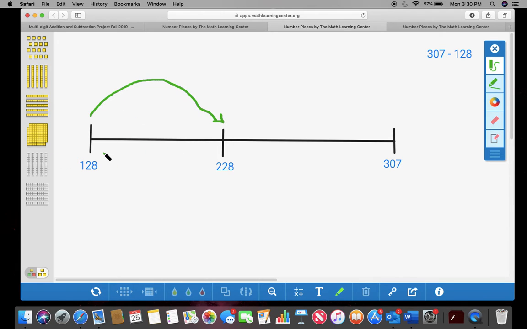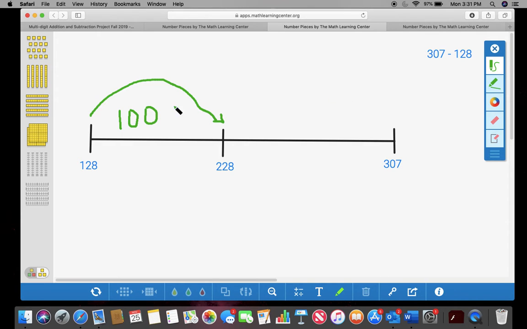They know that would be a jump of 100. So they would write 100 up here. So for the difference between 307 and 228, there's not really another 100 that they could do, but another whole number that they could do based off of that would be 298.